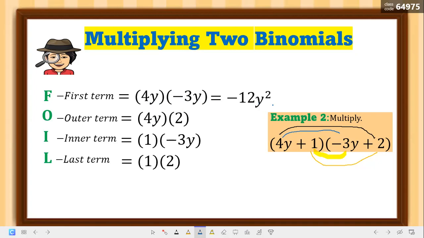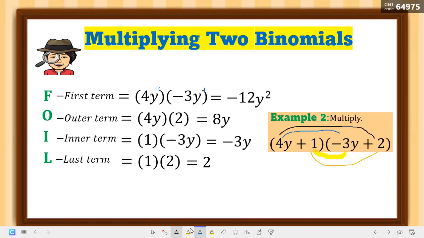Y to the second power kasi inadd mo yung exponent dito, using the law of exponents. Then what is 4y times 2? 8y. And what is 1 times negative 3y? Negative 3y. Okay, very good. And what is 1 times 2? 2. Okay, very good.